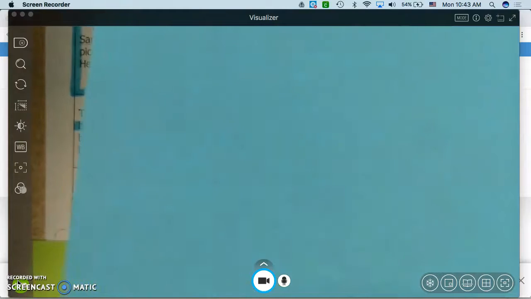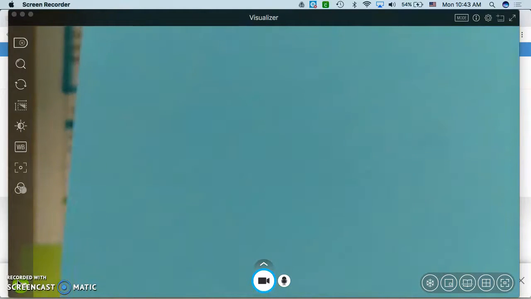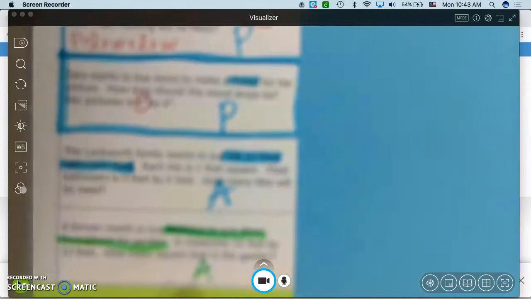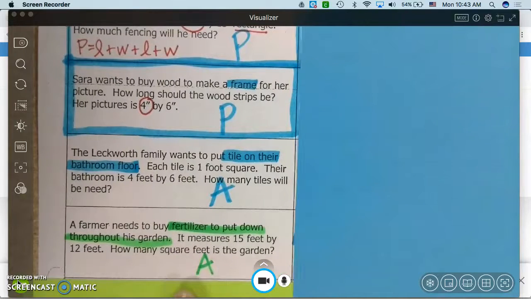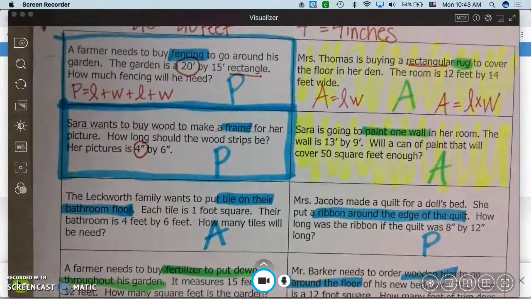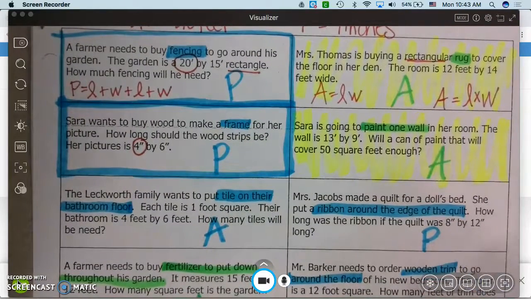So Mr. Barker's putting wood trim. Where does wood trim go? If you trim something, the outside edge. So like if you were to look at your windows in your house or around your doors, you might have some trim around those.